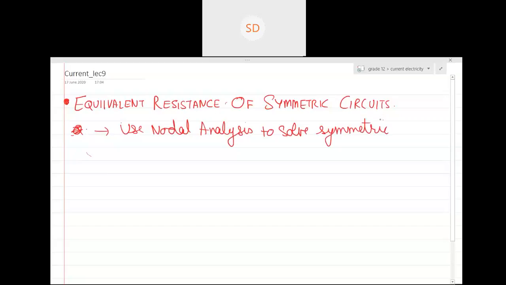Please learn from the first 2-3 examples which I'll give you, and then see how to apply that concept to other problems. You can use KVL as well, but for KVL you'll have to learn different things.